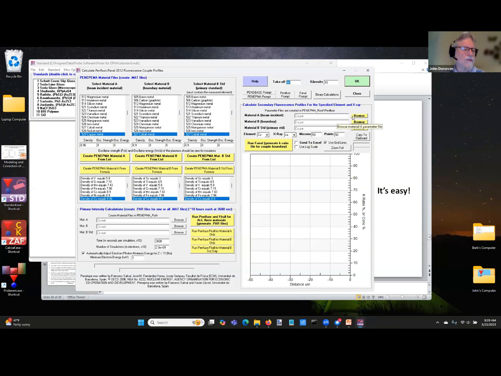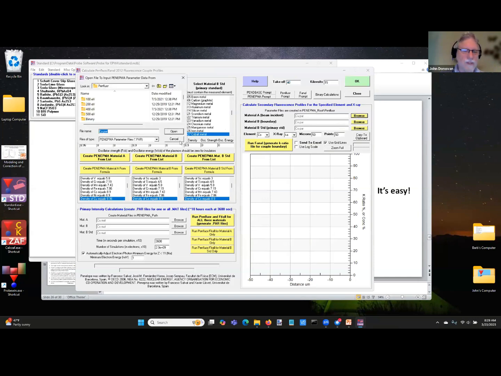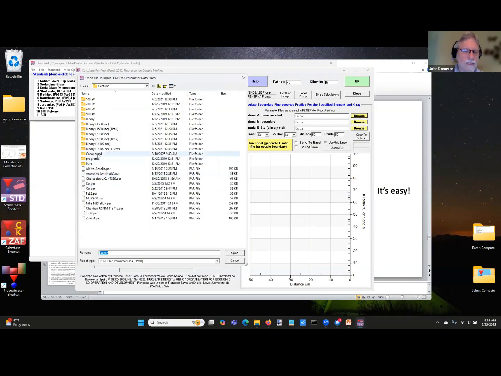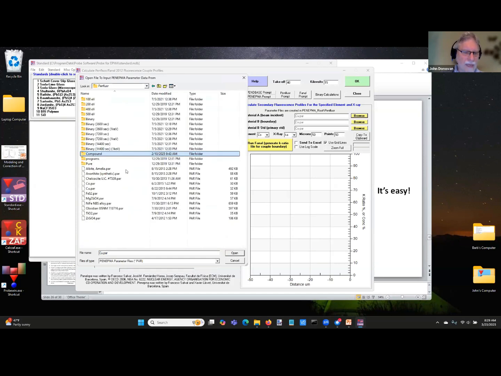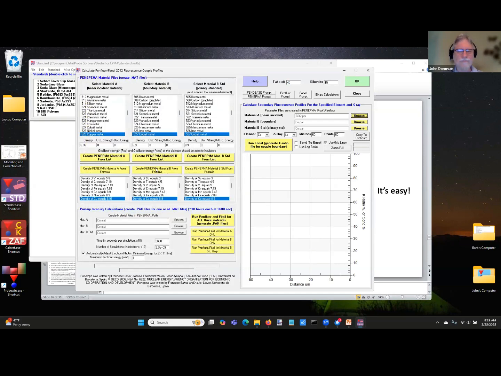So we could do something like, for instance, okay, let's do this. Let's say our beam incident material is titanium oxide, rutile. So I'm going to go here, and here are all the compounds. There's a whole bunch of compounds here. And I think I already have TiO2 in here. Yes, I do.